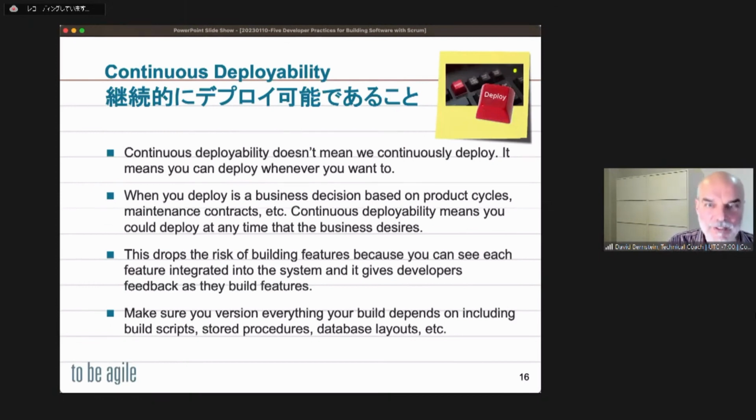So the business should decide when to release. But we developers should always build software so that it's always releasable. One, because that gives the business the opportunity to release at will. But more importantly, it reflects the true nature of our progress.